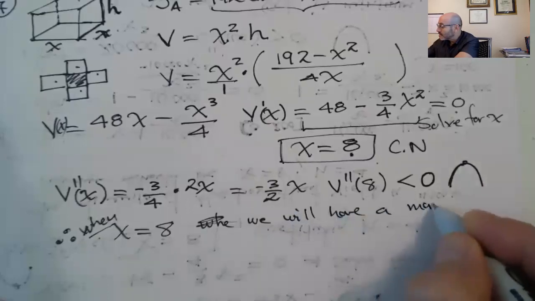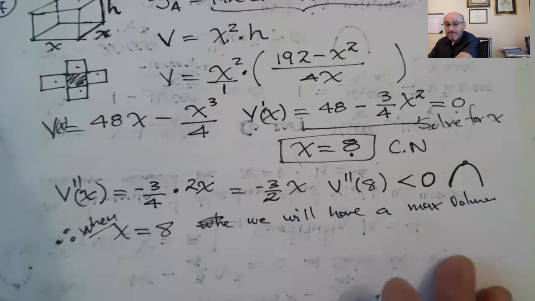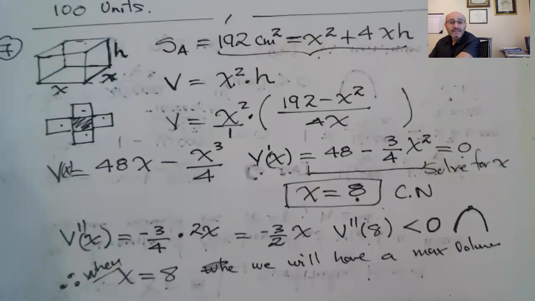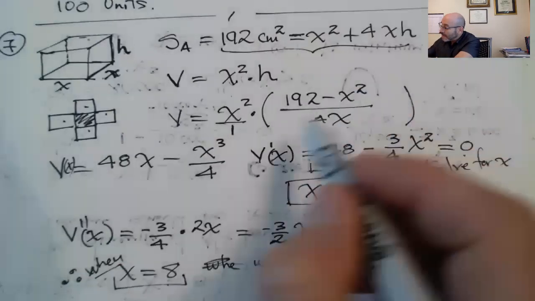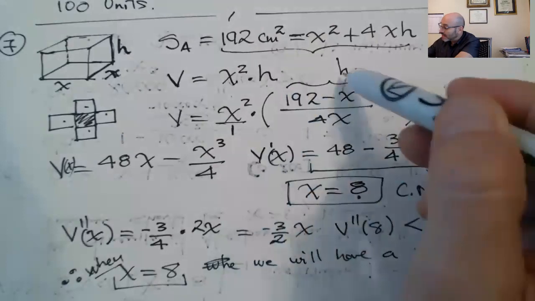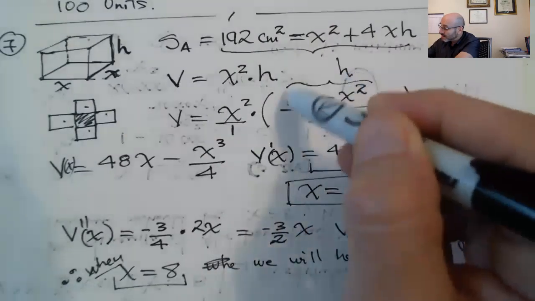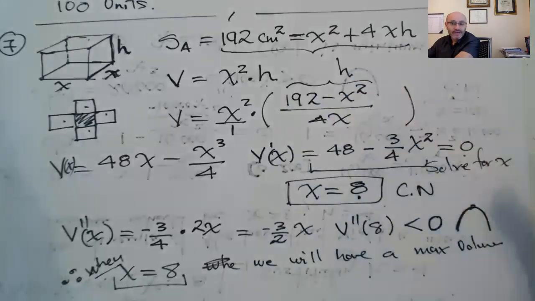a max volume, right? But the question is asking for the dimensions of the box. That means that we need to use this, x equals 8, and plug it in. Remember, this expression is h, and plug that into h, in order to find what h is.